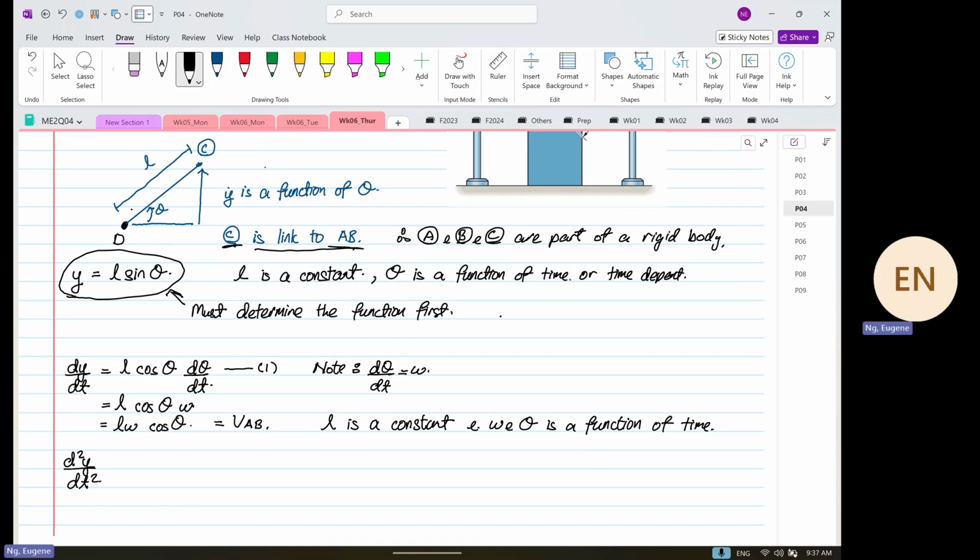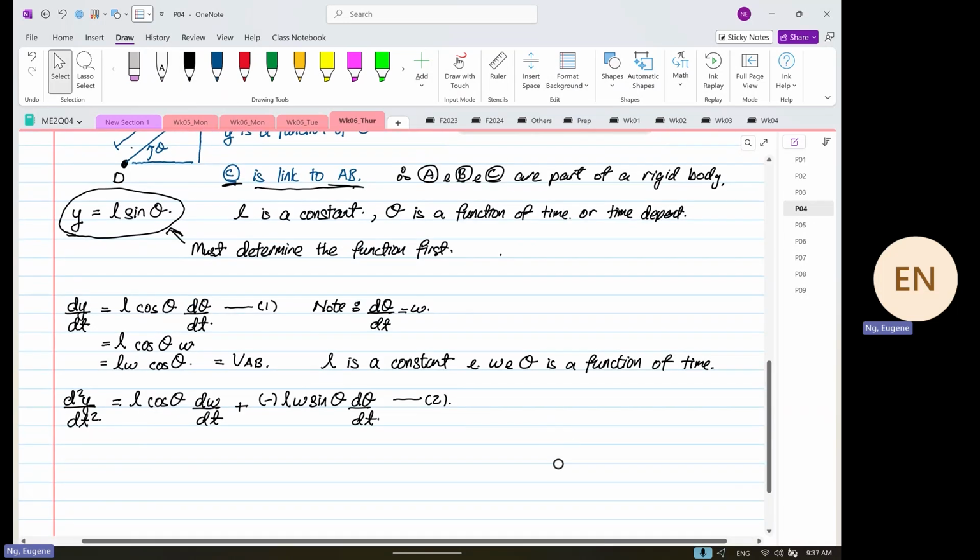Okay, so from here, we will have L cos theta d omega over dt, plus, or not plus, we have to incorporate a minus, L omega sine theta, and we have d theta over dt. So this corresponds to our equation number 2.